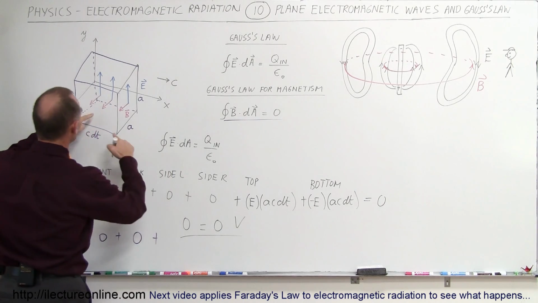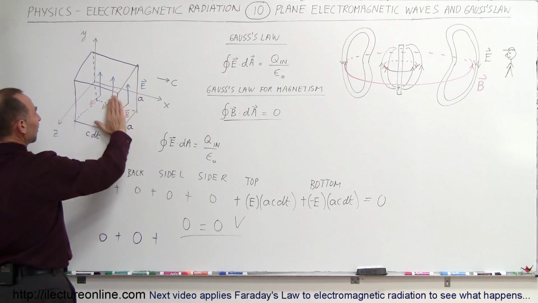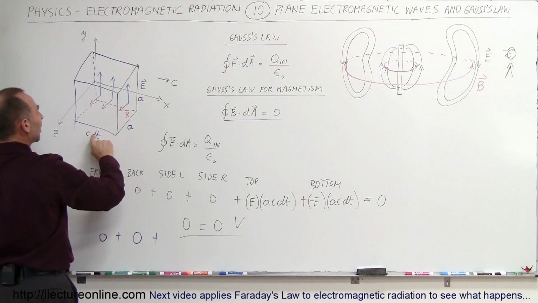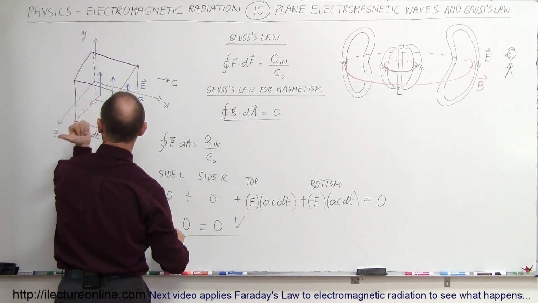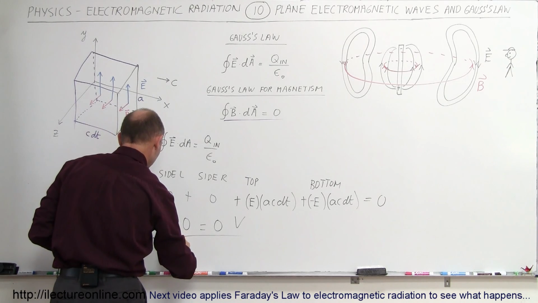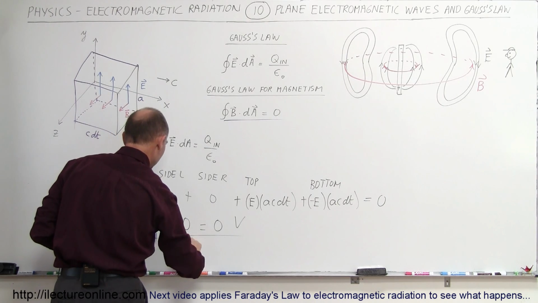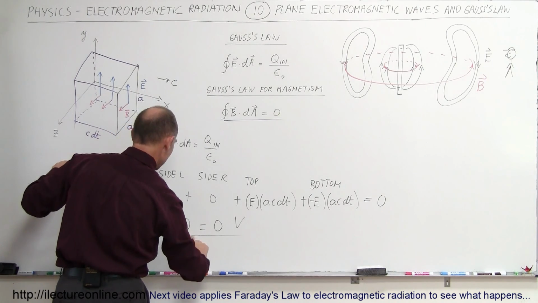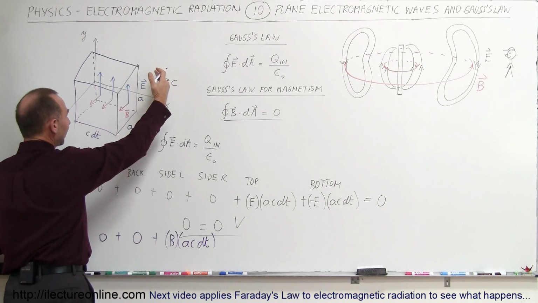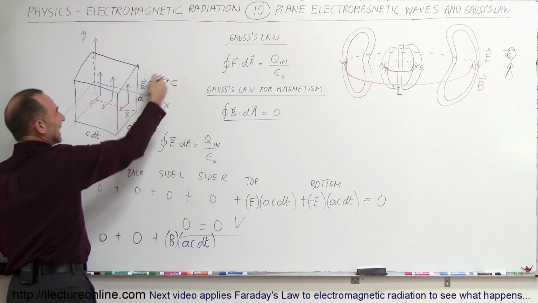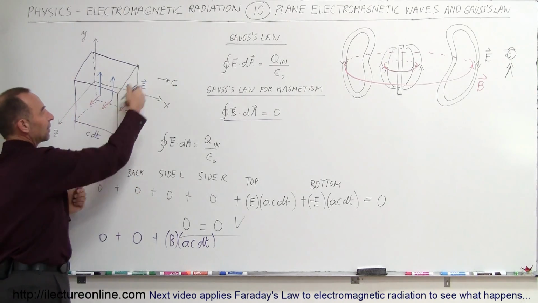Plus the left side, there we do get something, because on the left side we have the strength of the magnetic field times the area, which would be A times c delta t. So it would be the B field, the magnetic field coming out, that's positive, B times the area, which is A c times dt. And for the right side, we have the magnetic field going in. Here we have it coming out, there we have it going in.